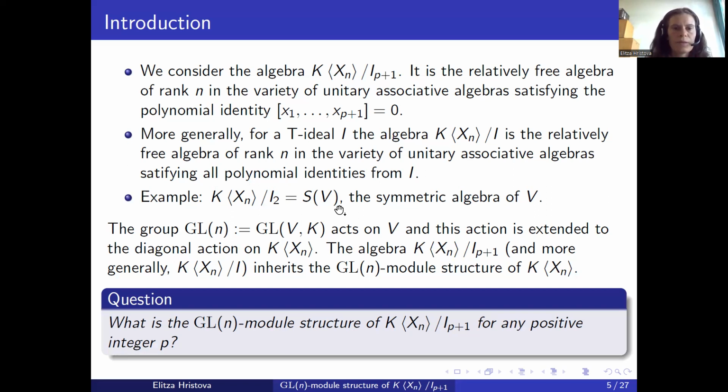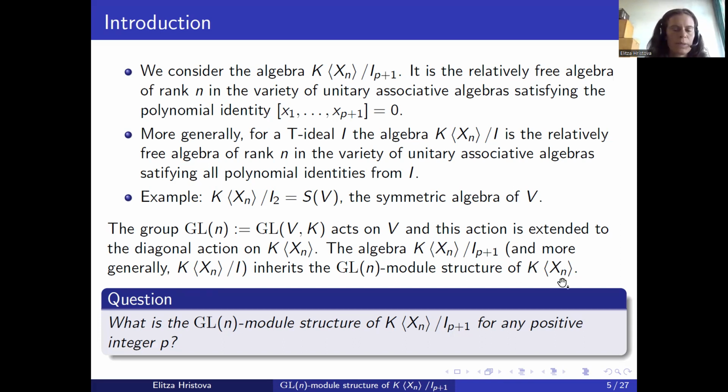Okay, and now there is a natural action of the group GLn on our vector space V because we have fixed the basis. And this action extends to the diagonal action on the free associative algebra K of Xn. And since any T ideal is GLn invariant, then the quotient algebra K of Xn mod I inherits the GLn module structure of the free associative algebra.